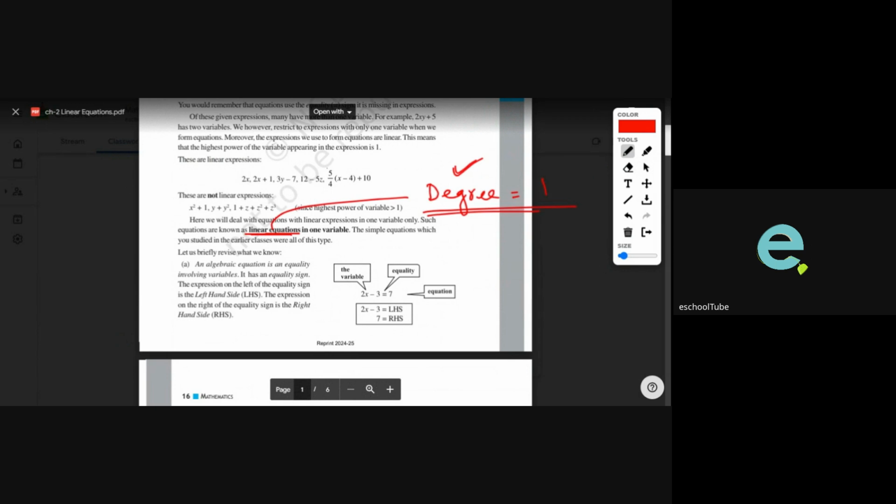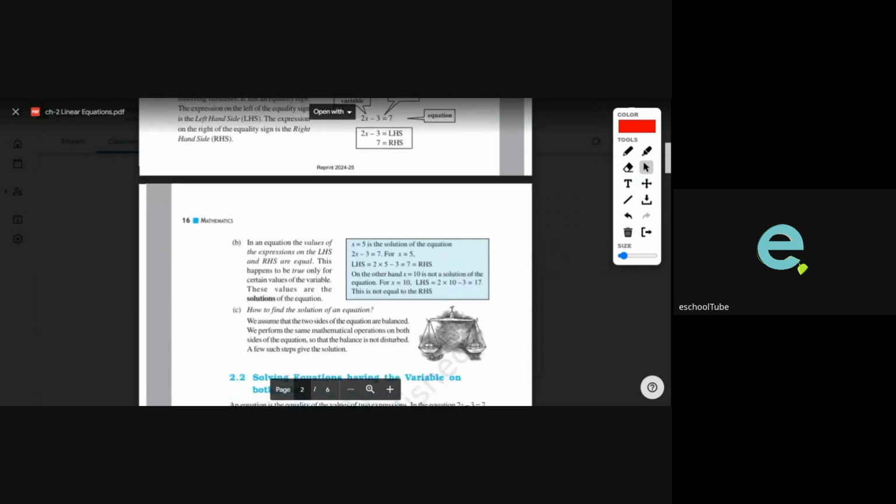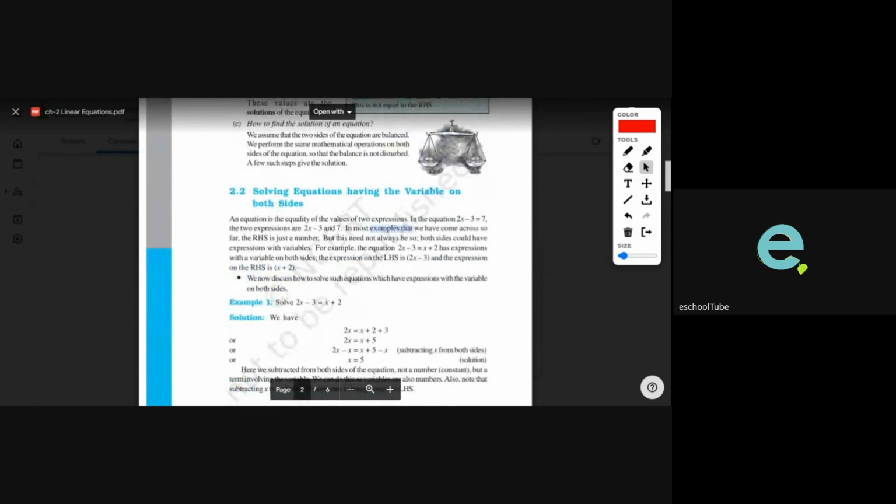Now, for example, if there is an equation like x square plus 5x equal to 20, this equation is not linear because here the highest power is 2. This is a quadratic equation. Now in this chapter, we are doing only linear equations.